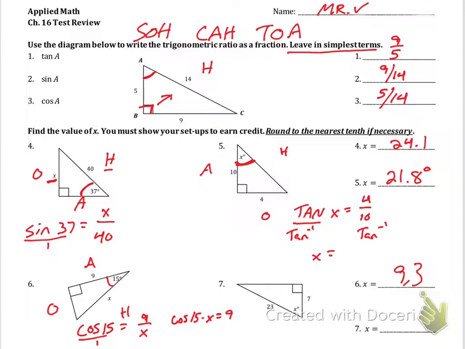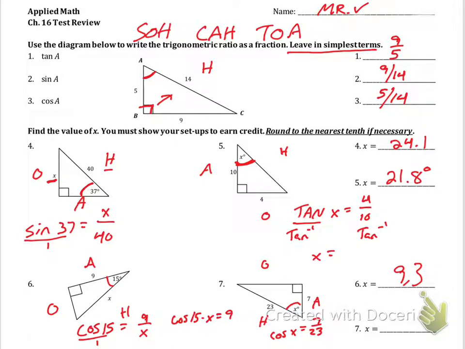All right, I know this is my hypotenuse. If I'm starting at this angle, this is my opposite, this is adjacent, so I have my adjacent and I have my hypotenuse, so I'm going to do cosine. So cosine x is going to be equal to my adjacent over hypotenuse, so 7 over 23.